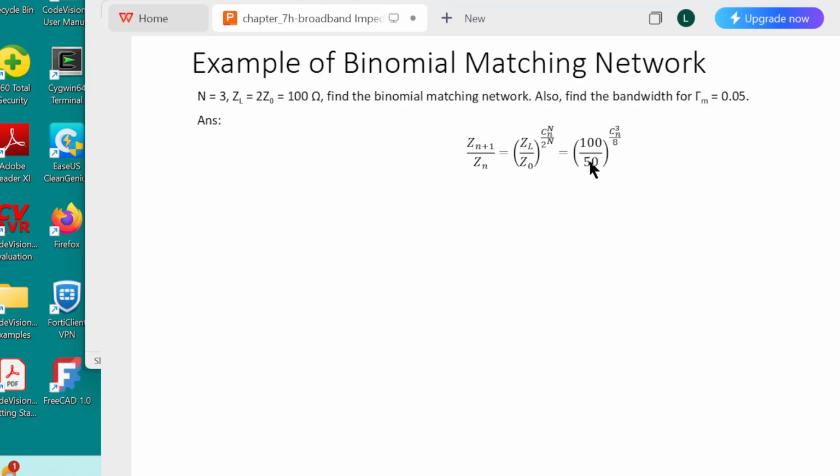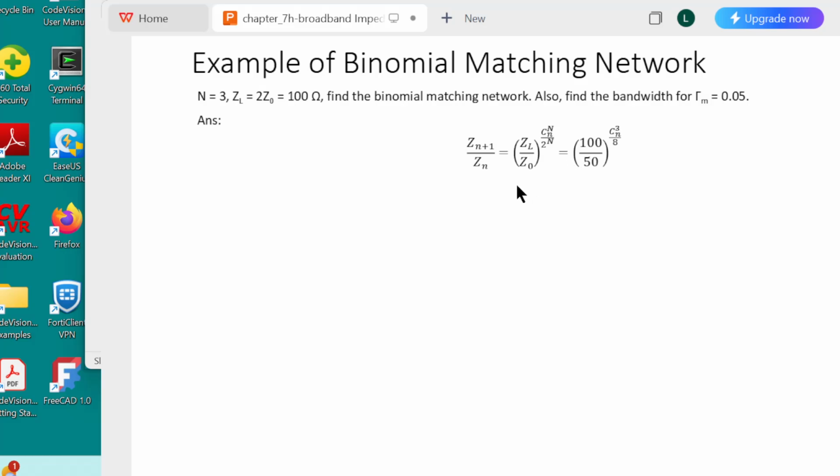The source impedance is 50. And using the formula for binomial matching network, we can just substitute here. Right? 2 to the power n here is A. And this formula can be used in whatever manner you like.